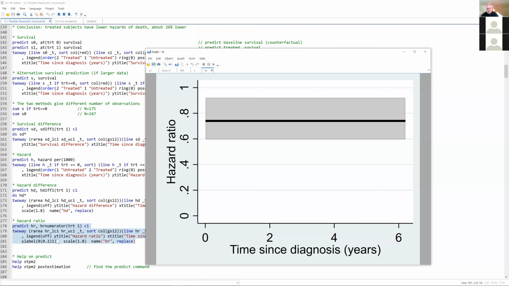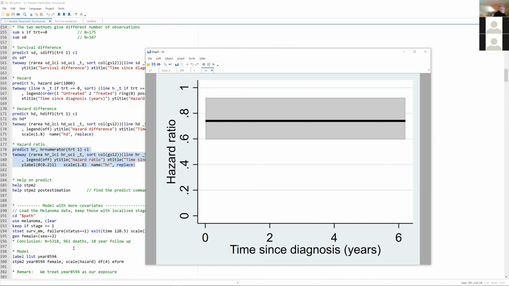Oh yes, of course. My examples were all about using diagnosis as the start time and then death as the endpoint. But the question here is, does this also work for, say, some risk factor in the environment and cancer as the outcome? And yes, it can be used for that as well.